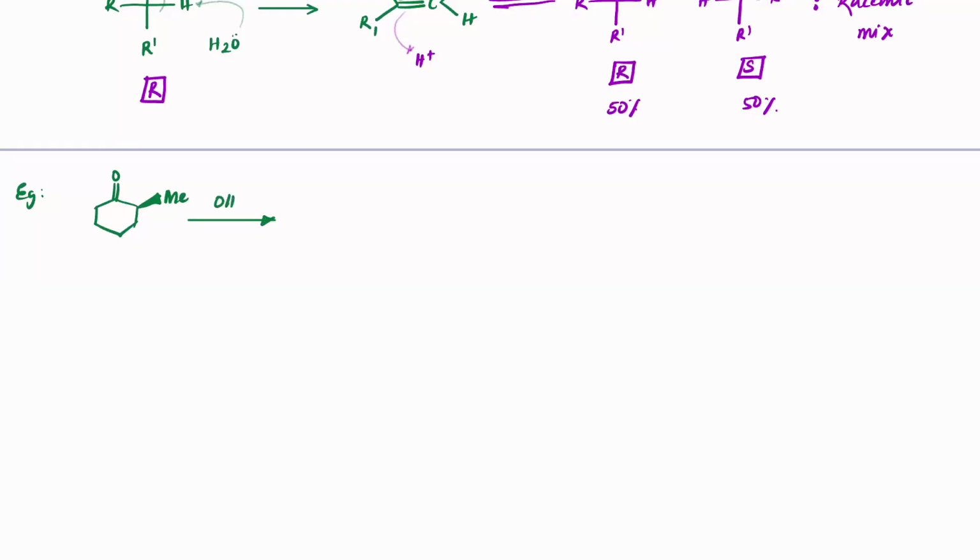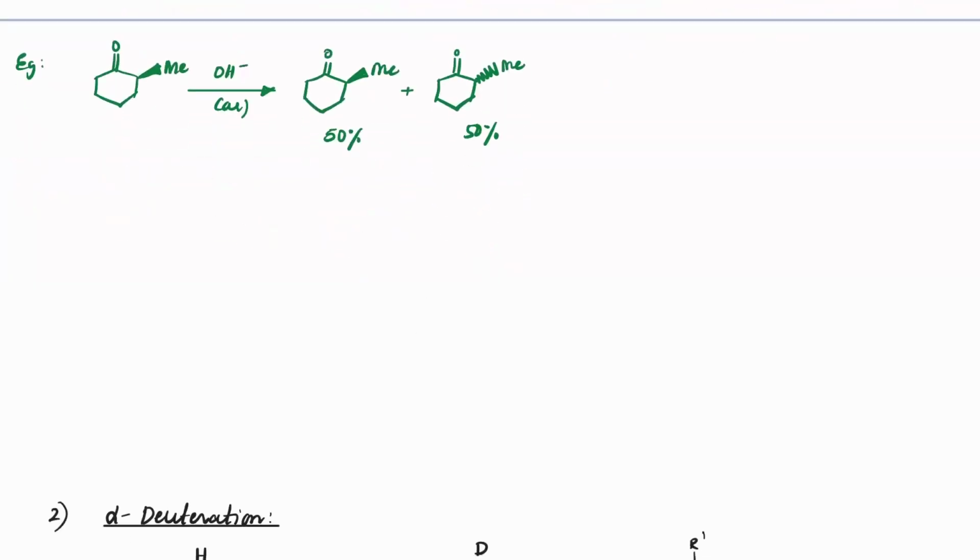So in basic medium, OH minus aqueous, we would get a racemic form. That means methyl would be here by 50% and another 50% with methyl here. So 50% and 50%. This is how it will happen.